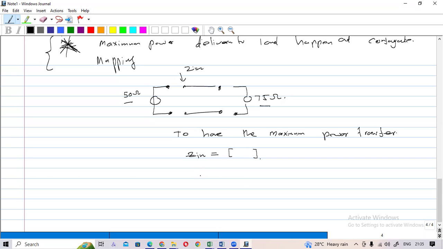Now, what you need to do to have the maximum power transfer, you need to get Z in equal to Zg conjugate. That is the conjugate matching, no?